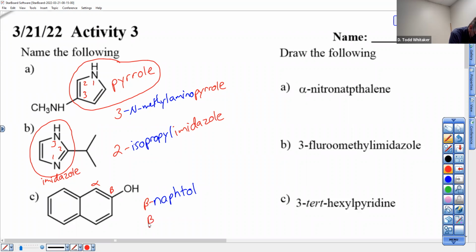You can also call it beta-hydroxynaphthalene if you want. Naphthol is a lot nicer. I think I spelled it wrong though. N-A-P-H-T-H, naphthalene. Little dyslexia there.